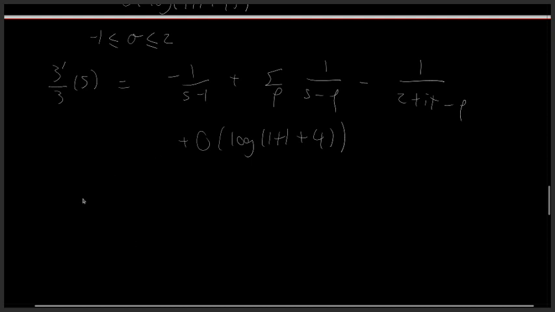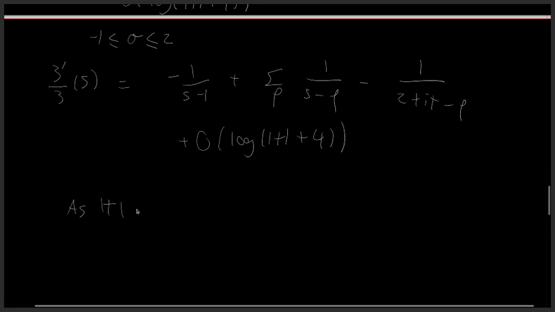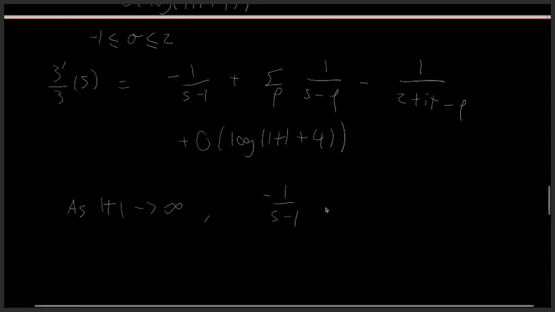And so the way to do this is, as the imaginary part goes to infinity, well, 1 over s minus 1, this term is really just telling you that whatever you're doing is not going to hold when you're near this pole, so don't be near that pole.